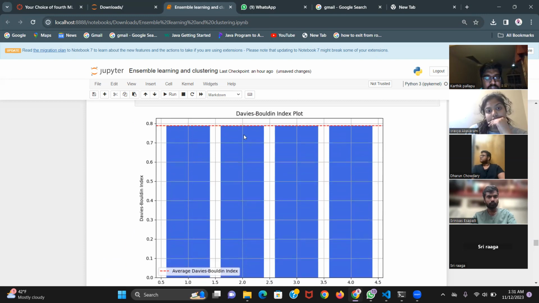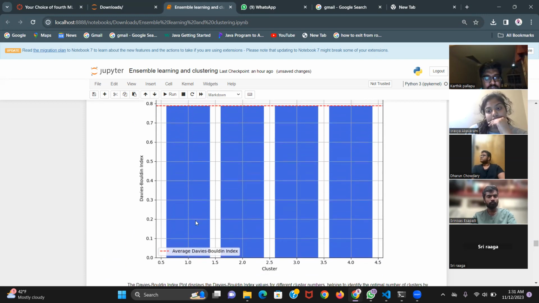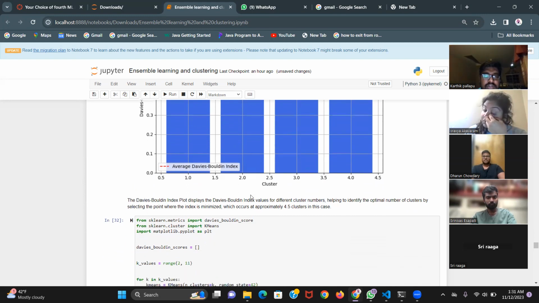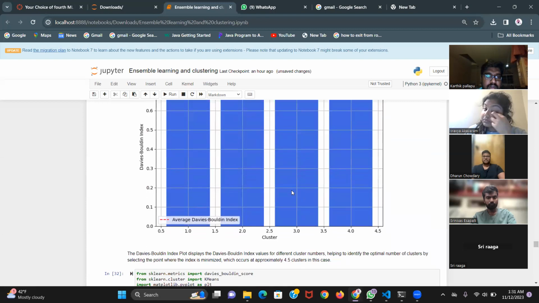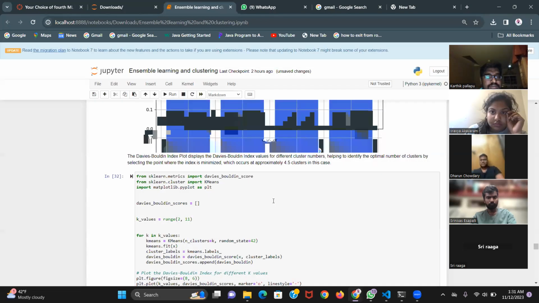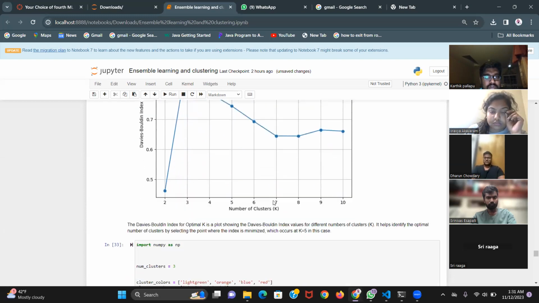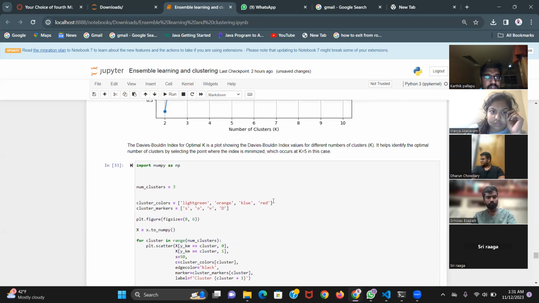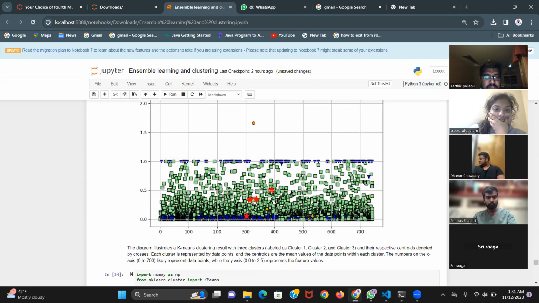Here you can see the results scoring from 0 to 0.8. And this plot displays that the Davies-Bouldin index helps to identify the optimal number of clusters, selecting approximately 4.5 clusters. The average is 4.5. And here you can see another number of clusters in the k-means algorithm.